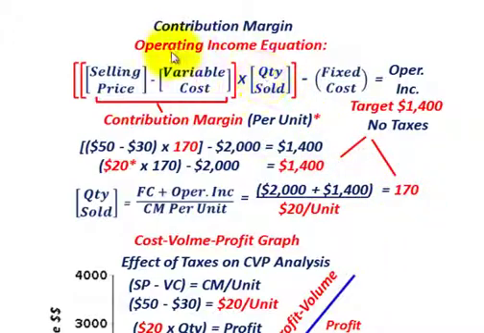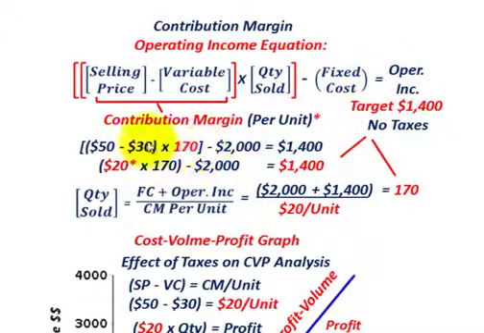We just go to our general operating income equation. That's simply our selling price minus our variable cost. That is really the contribution margin on a per unit basis in this case. So whatever the difference between selling price and variable cost is, you take it times the quantity sold. Then you get that amount, and you have to subtract out your fixed cost, and that's going to equal your operating income.